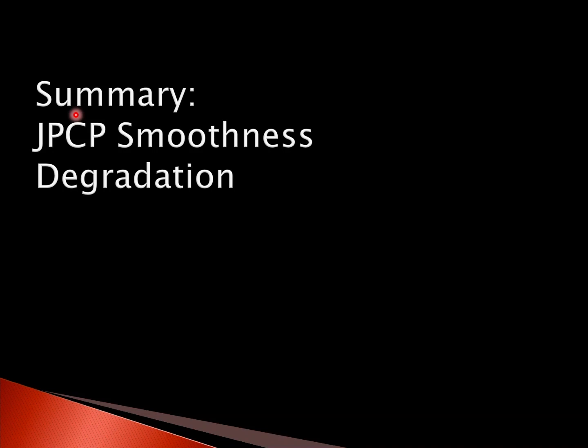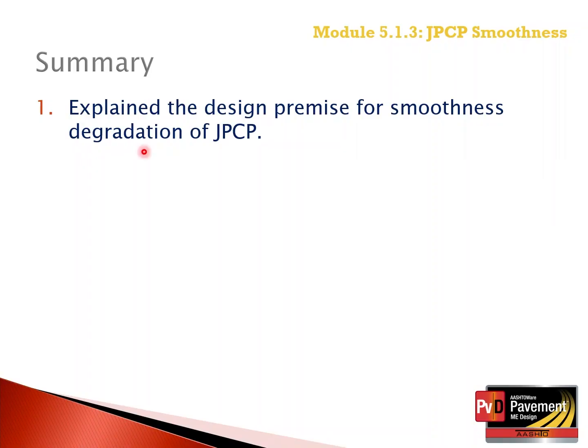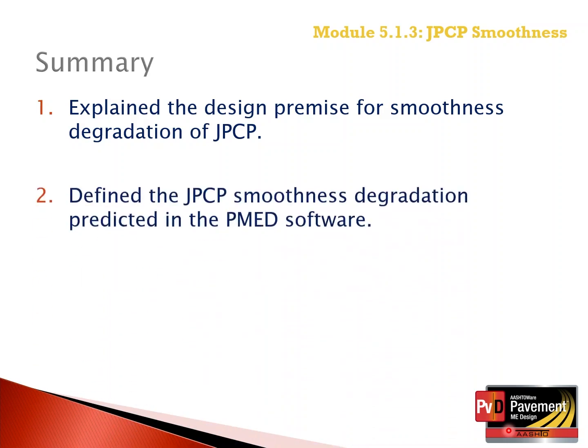This section is a summary of the materials presented under Module 513 for jointed plain concrete pavement smoothness degradation. The three learning outcomes from Module 513 on smoothness degradation included explaining the design premise for smoothness degradation of jointed plain concrete pavements.